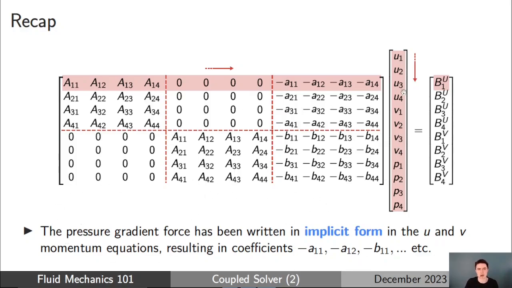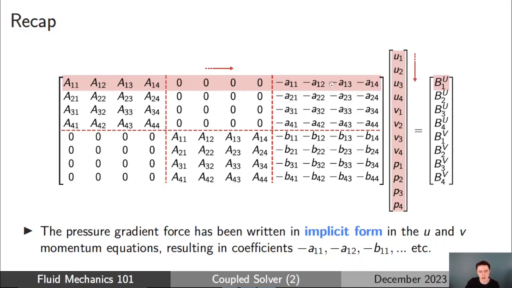And remember from part 1 that if this block matrix system seems a bit intimidating or confusing, the easy way to remember how to interpret it is to just focus on a single row of the A matrix, which will represent a conservation law for that particular cell in the mesh. So for this top row, this is conservation of momentum in the U direction, the X direction, for cell 1.